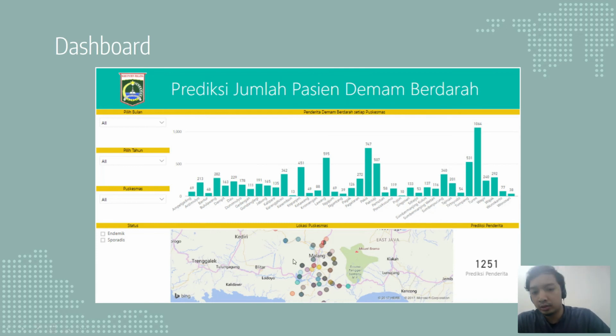It uses Google Maps location data, and then here on the right there is a prediction, the result of the forecasting, that the total of cases in the next year will be 1251 cases.